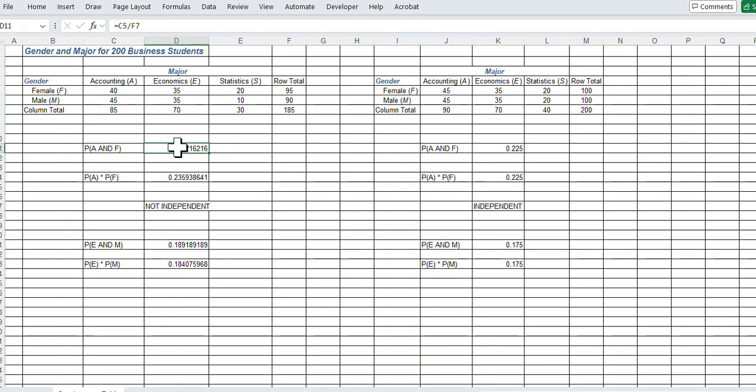I'll look here and you can see where it highlights probability of A and F.